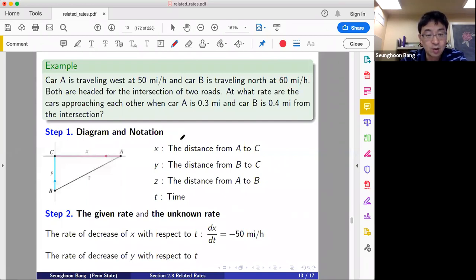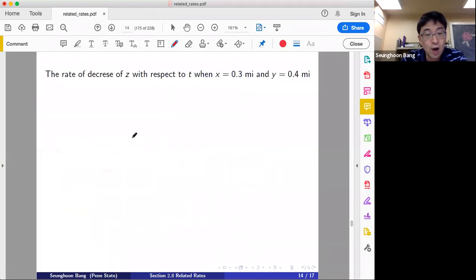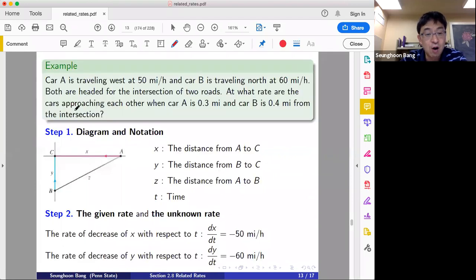One more, the rate of decrease of y, the speed of car B, is 60 miles per hour. B is going to C, so length y is decreasing, dy over dt is negative 60 miles per hour. The next step, find the unknown rate: the rate of decrease of the distance between the two cars.